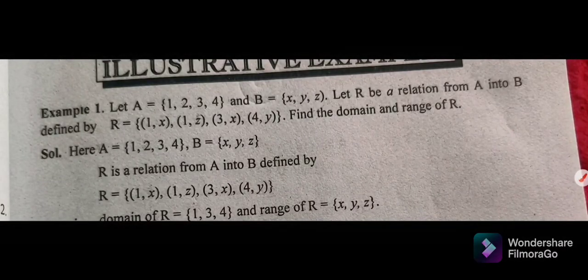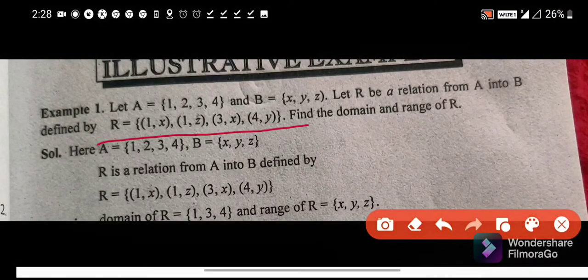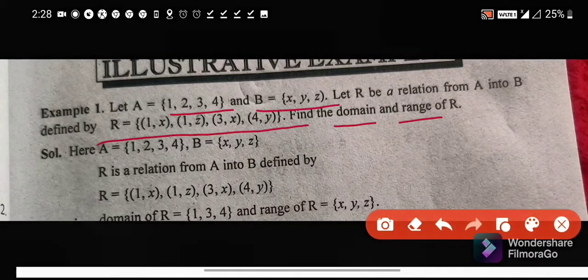Next, let A is equal to {1, 2, 3, 4} and B is equal to {x, y, z}. Let R be a relation from A into B defined by R is equal to {(1, x), (1, z), (3, x), (4, y)}. Find the domain and range. Now A is equal to this and B is equal to this.